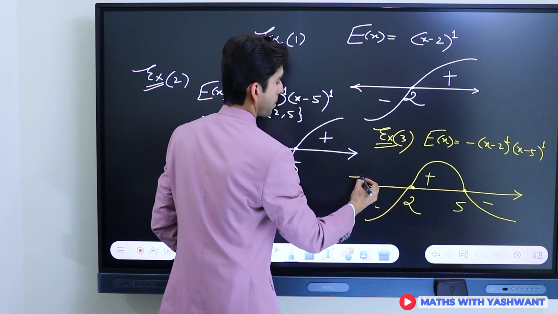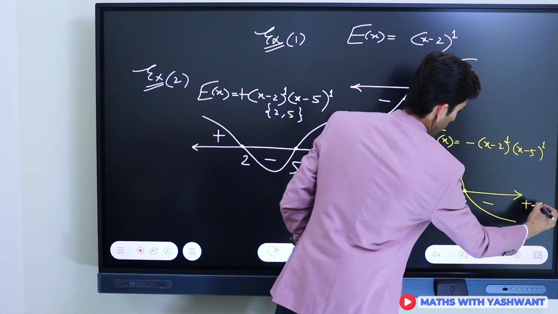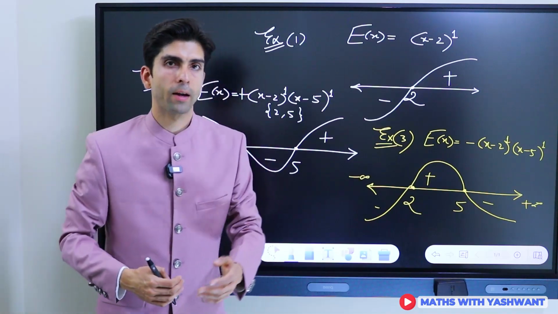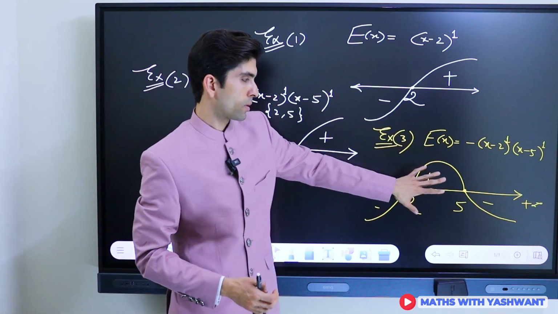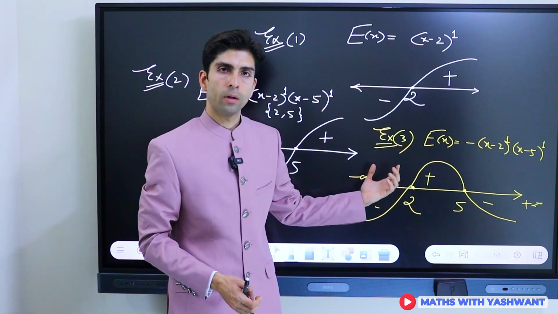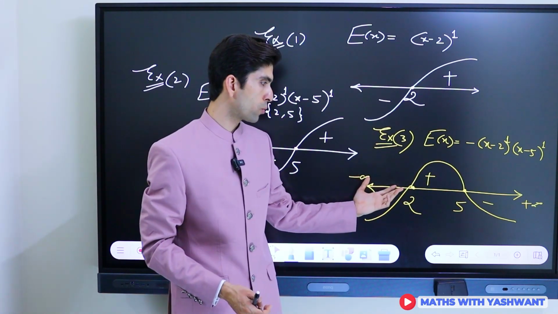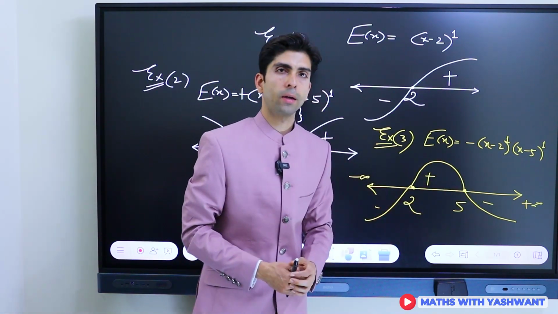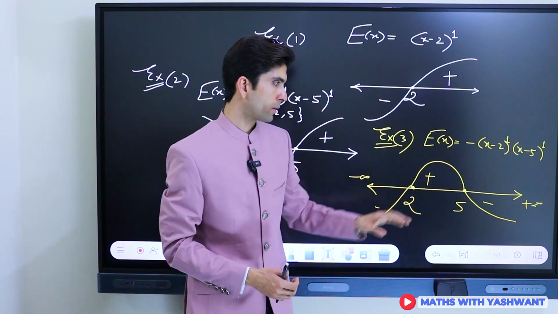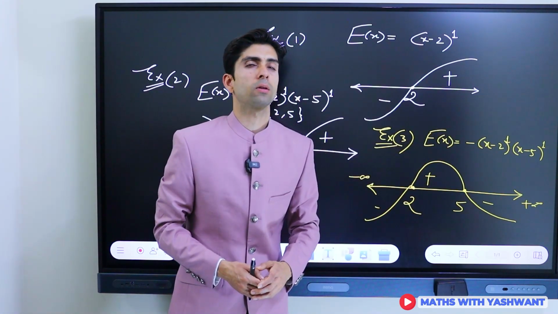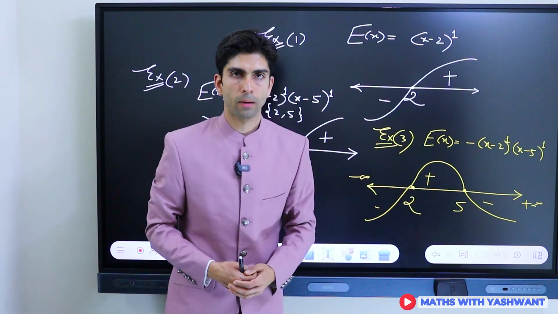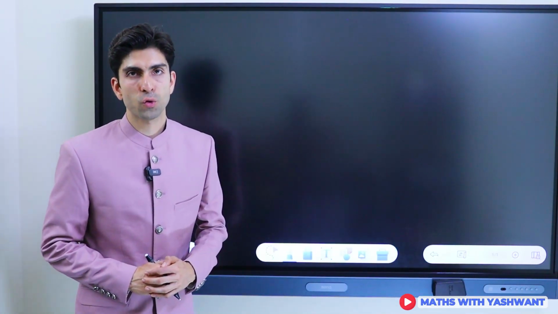The number line is running from negative infinity to positive infinity, and you can verify that this curve will give you negative values from negative infinity to 2 and from 5 to positive infinity, and for the interval 2 to 5 this expression will generate a positive output. Hope you understand.